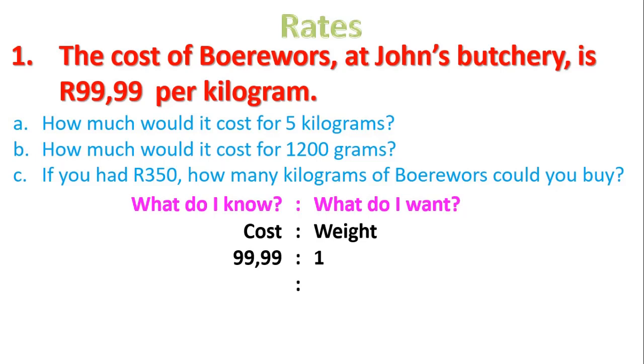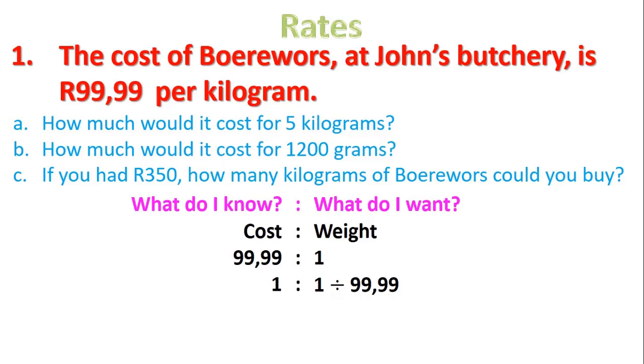Now what I need to know is if I have 1 Rand, how much boerewors can I buy? What is the weight? So 99 Rand 99 gets me 1 kilogram. If I have 1 Rand, I take that 1 and I divide it by 99,99.